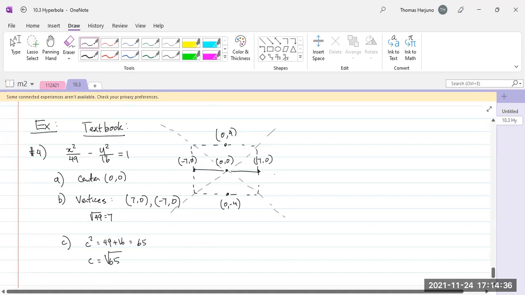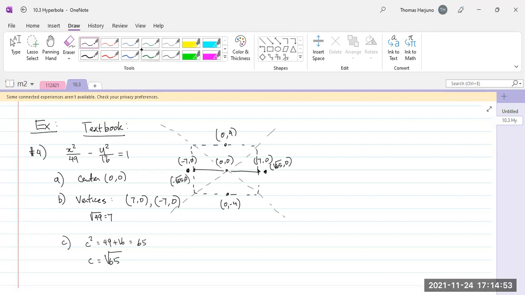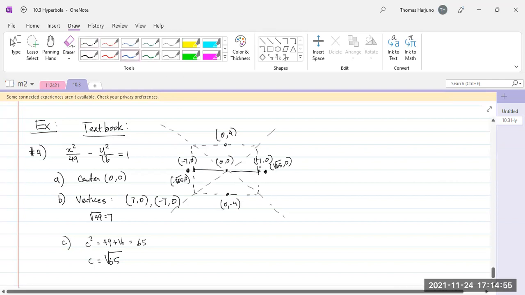So the foci will be slightly more than 8. Let's say it's here and here. That's square root of 65, 0 and negative square root of 65, 0. So the hyperbola looks like this later on.